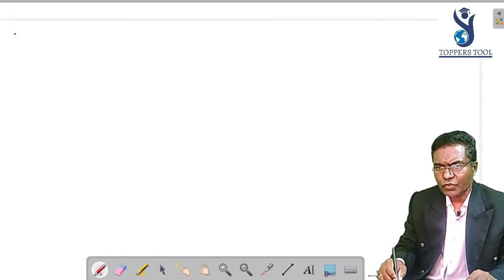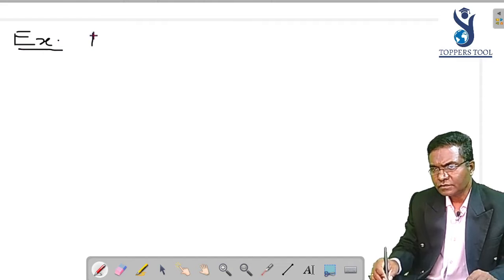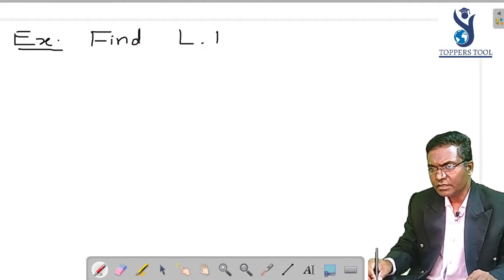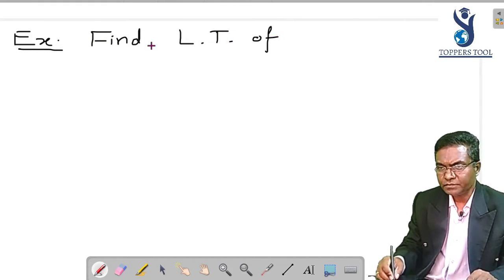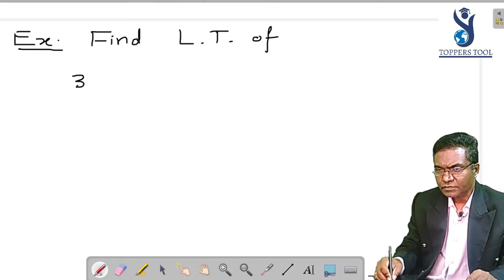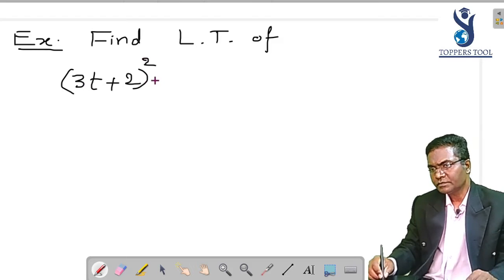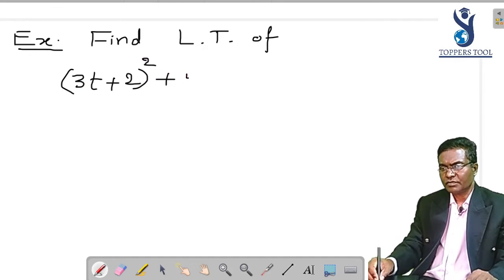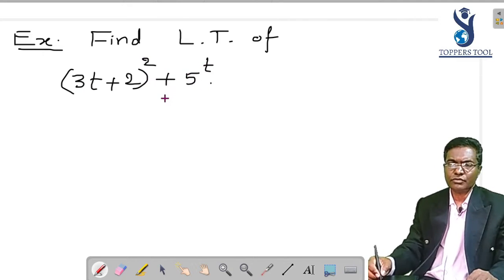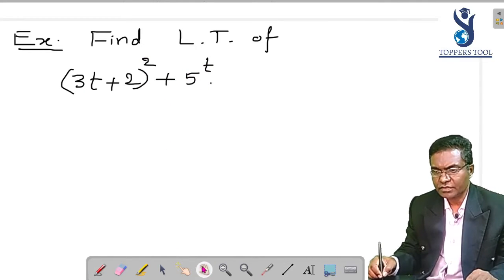Okay, so if you're asked, find Laplace transform of (3t + 2) whole square plus 5 power t, then how to do it?